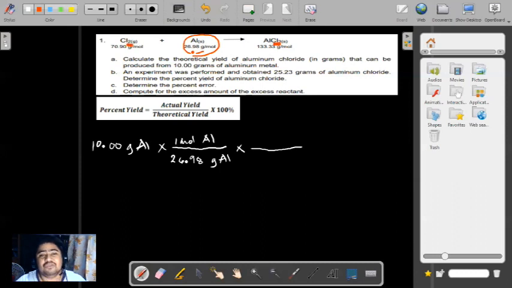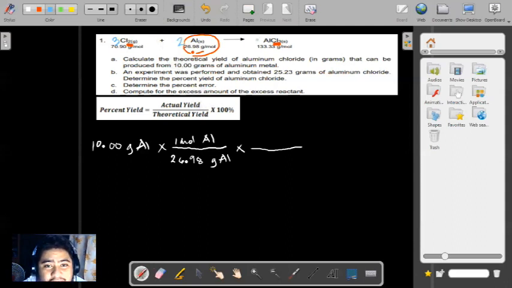So what we need to do first, before we get this relationship, is to determine kung ano yung balanced equation. Okay? So para ma-determine yung balanced equation, gawa tayo ng paraan para ito ay magbalance. Ayan. So on this equation, we need to have at least 3 na Cl2. So dito ay 2.